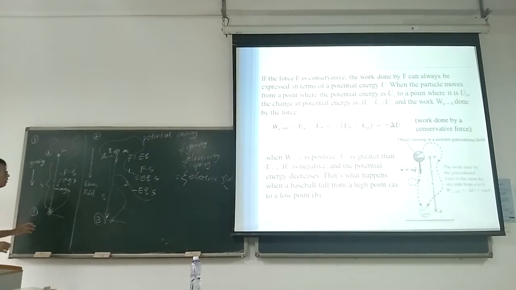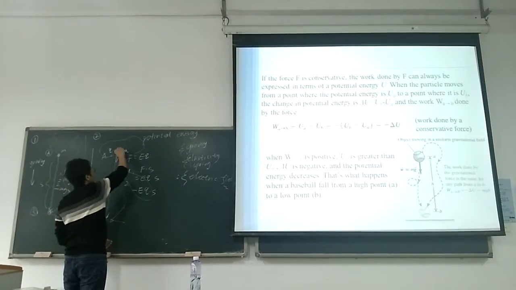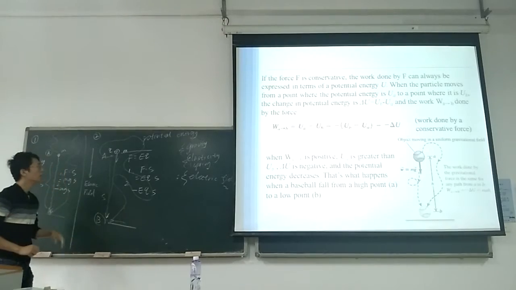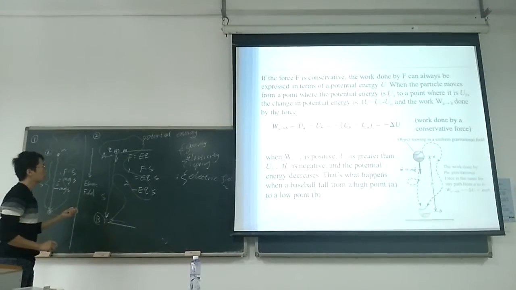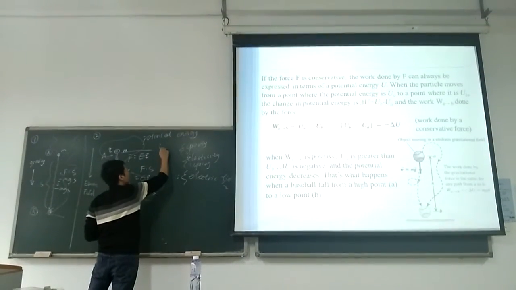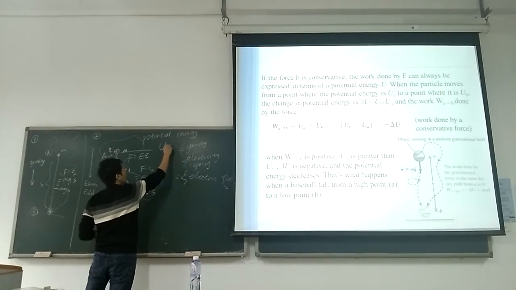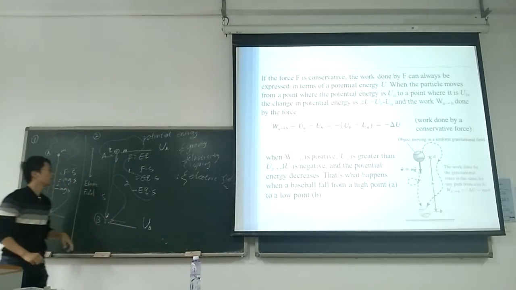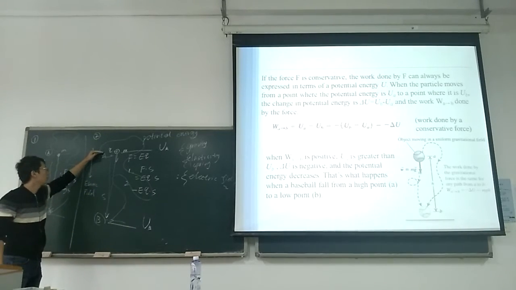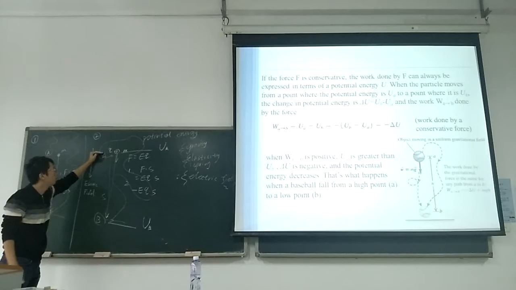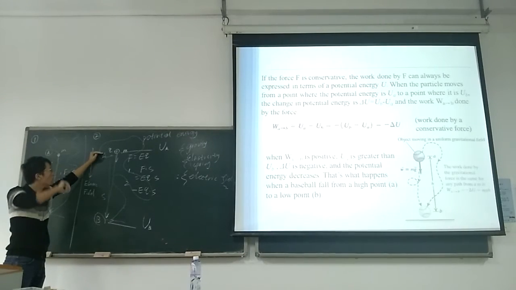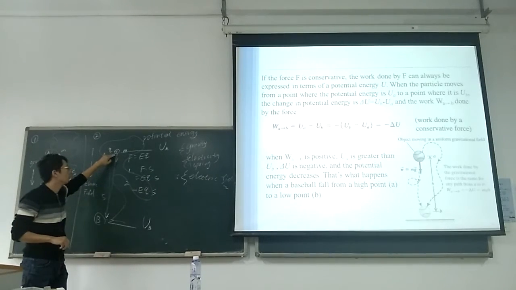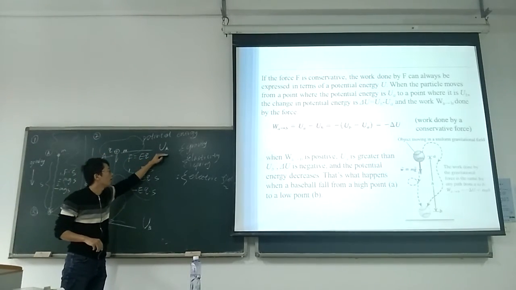Then we'd like to do a definition of potential energy because we want to do a calculation. The variation is not enough. We want to set some point. In the situation here, at the point A, the potential energy of this point that is due to the electric field, we can name it UA.